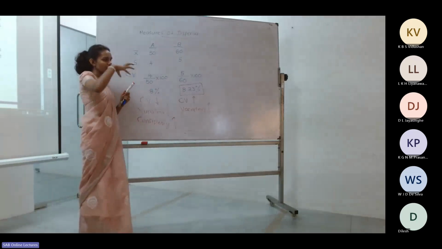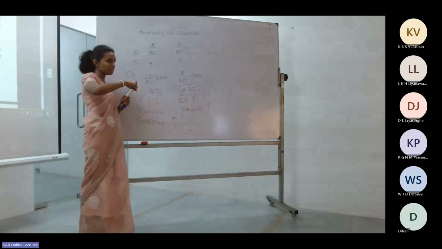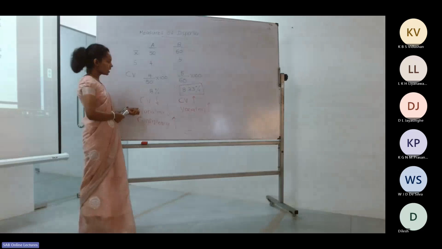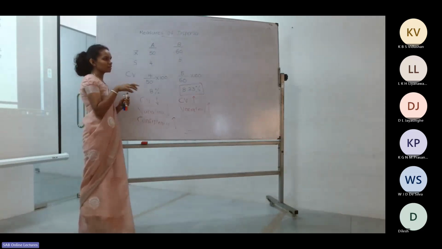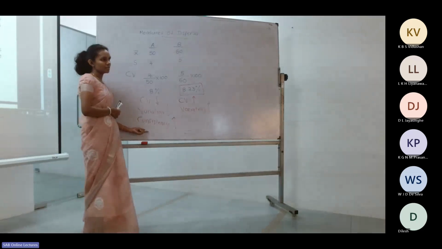Is it clear? That means if the data is widely scattered, the uniformity is low. If variation is less, approximately all the students got equal marks, so there is higher consistency.